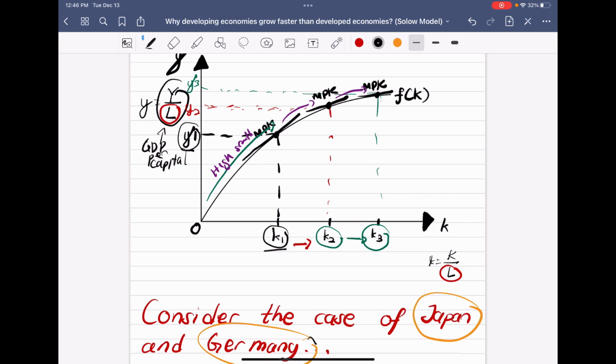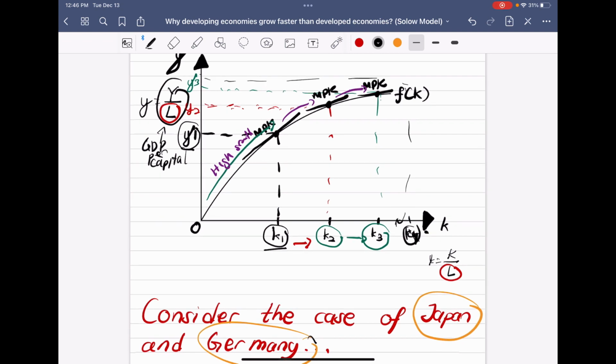But in the U.S., not much got destroyed. I'm not sure about the history, but essentially the capital per capita was high and not changing much. So when they started to increase, they increased only to K4 here, a very low increase in output per capita.